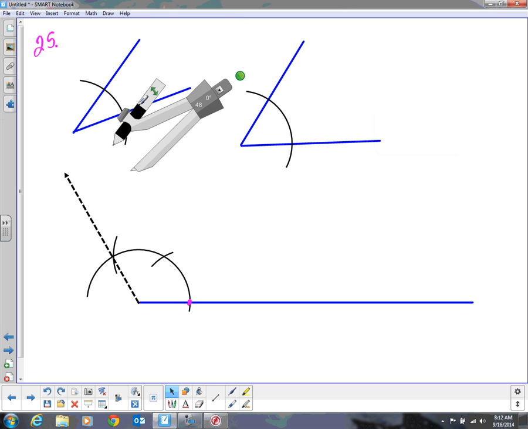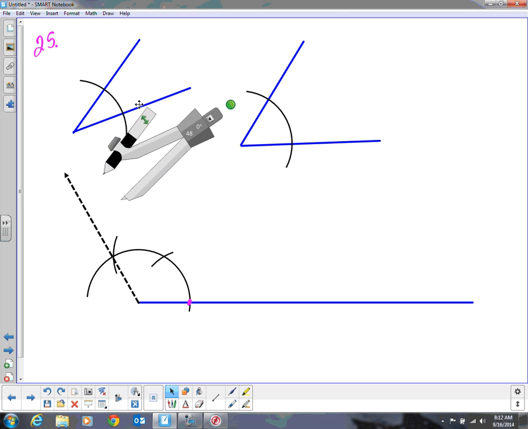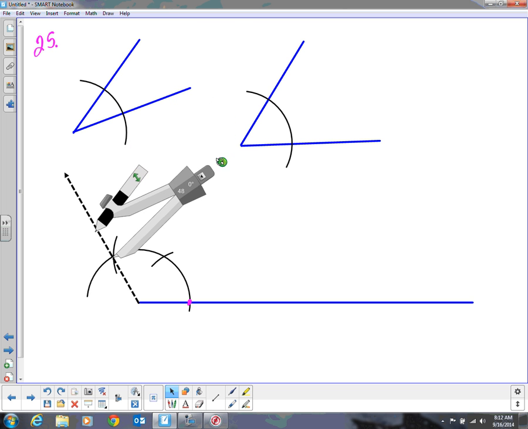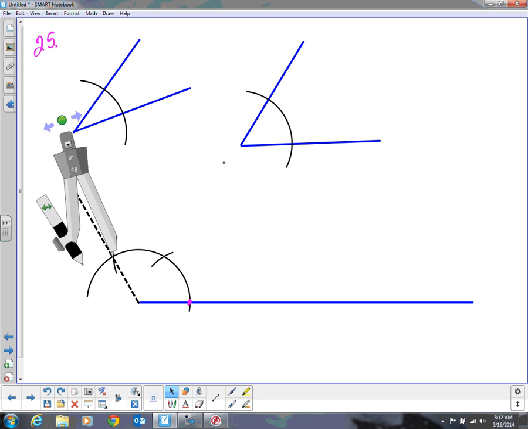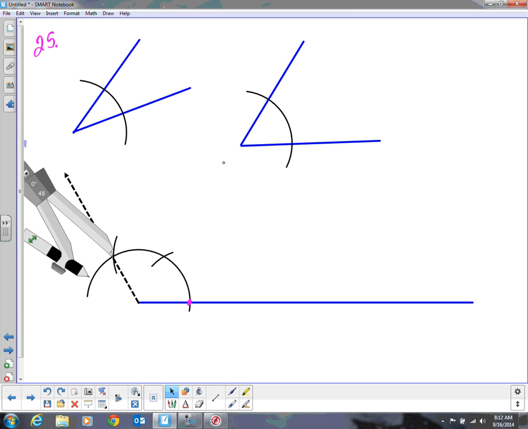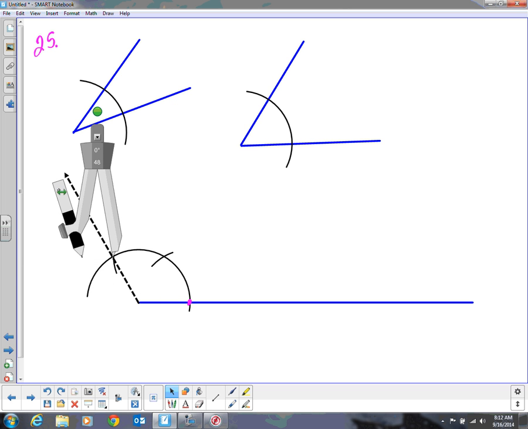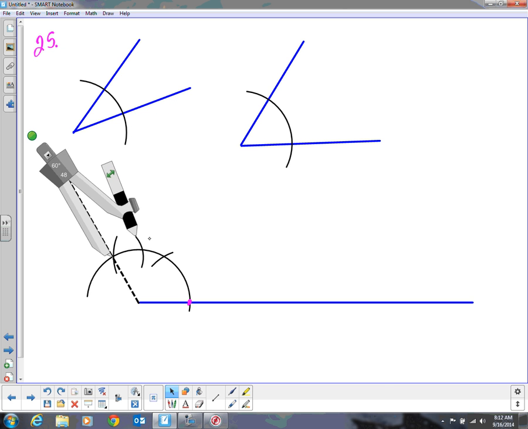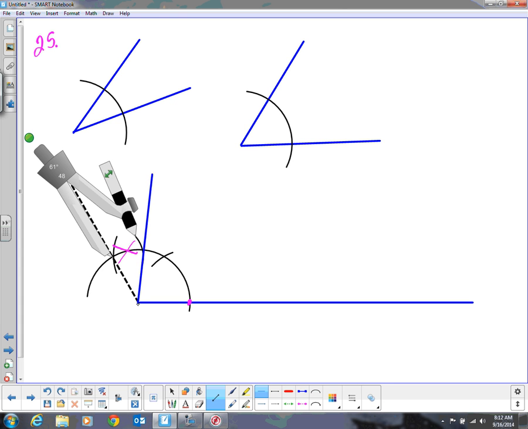Where am I going to put this compass point now? On the last arc we did. Now, if I were to do this, I am adding. So what I want to do is subtract. So I have to do my arc inside. So what I'm going to do is I'm removing this. So my answer, my angle, that is TQR minus SOP is this angle, and I will highlight it.